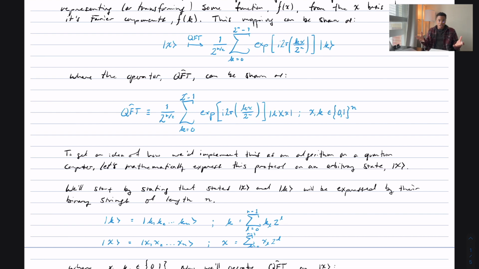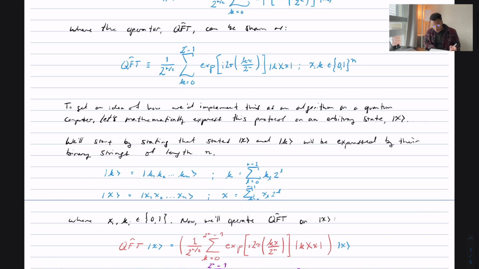Well, it's no different than the classical version in which you're basically taking a particular state space and wanting to represent it as a superposition of its conjugate state space terms or components in a weighted average. So, for example, if you have a time-varying periodic function, you can represent it in terms of its conjugate variable in frequency space. So any time-varying sinusoidal curve can be represented by a single term in frequency space.